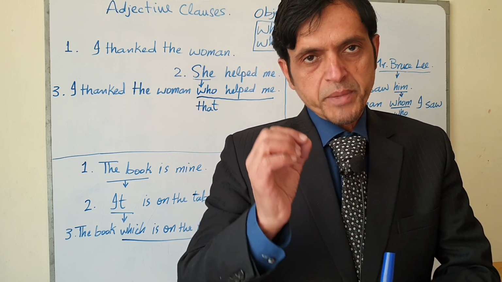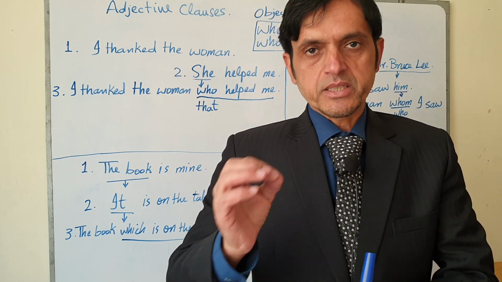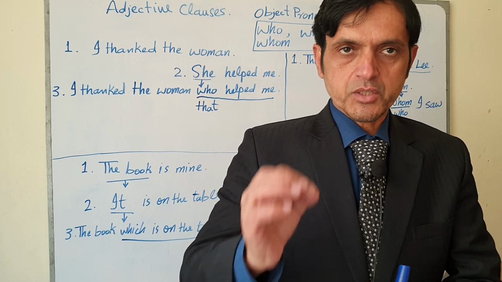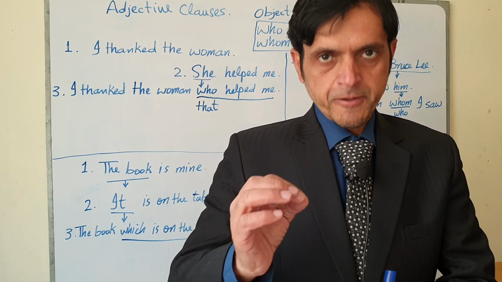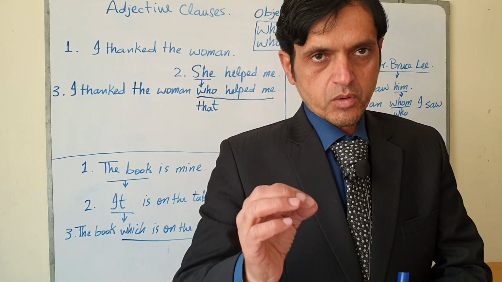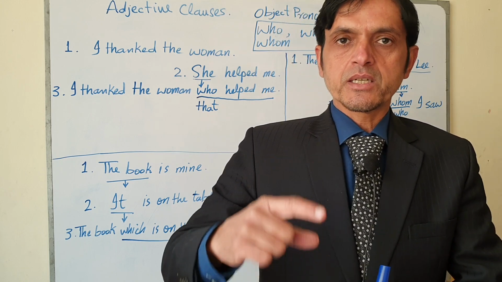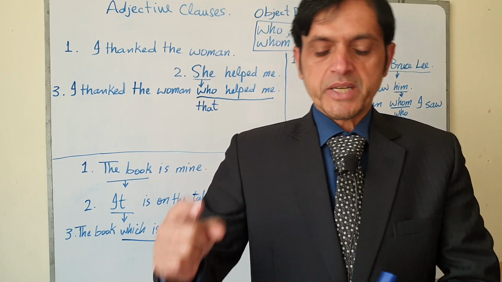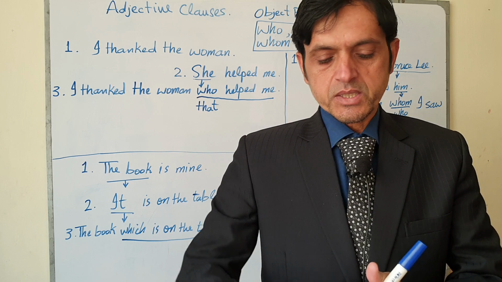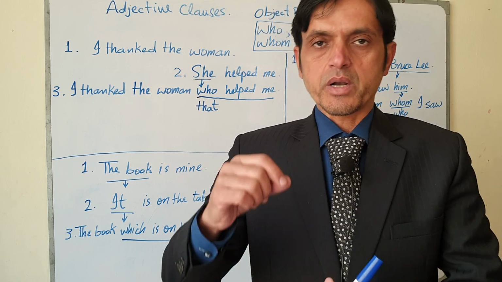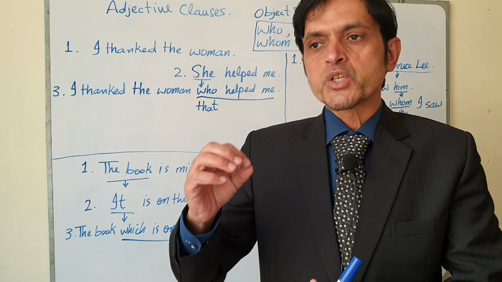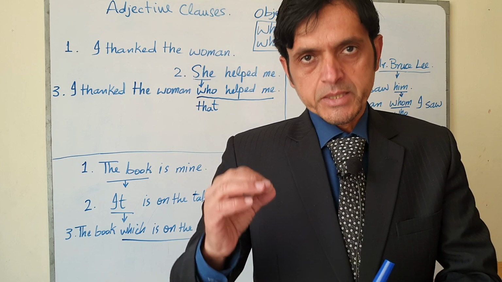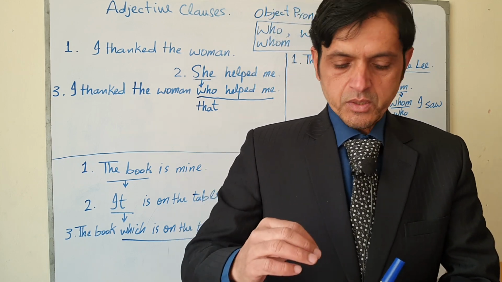I want to make it clear to you that every sentence is also a clause, but that is an independent clause. And other clauses, for example, adjective clauses or noun clauses or adverb clauses, are dependent clauses.